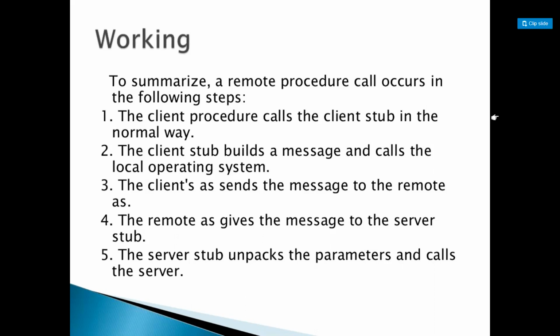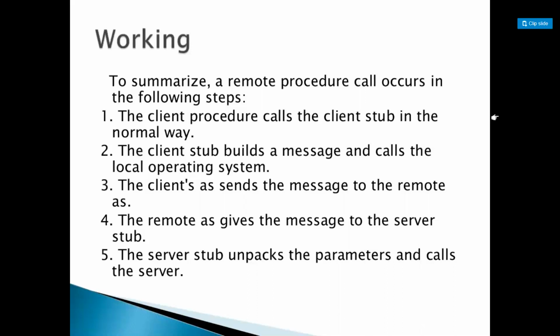From where will the call be started? From client to client stub. Next, second point: the client stub builds a message and calls the local operating system. In the second step, at the client stub, the client stub builds a message and calls the local operating system.